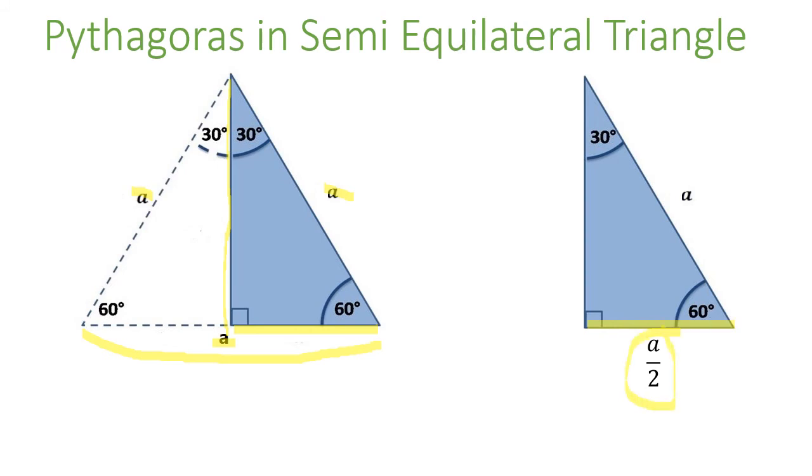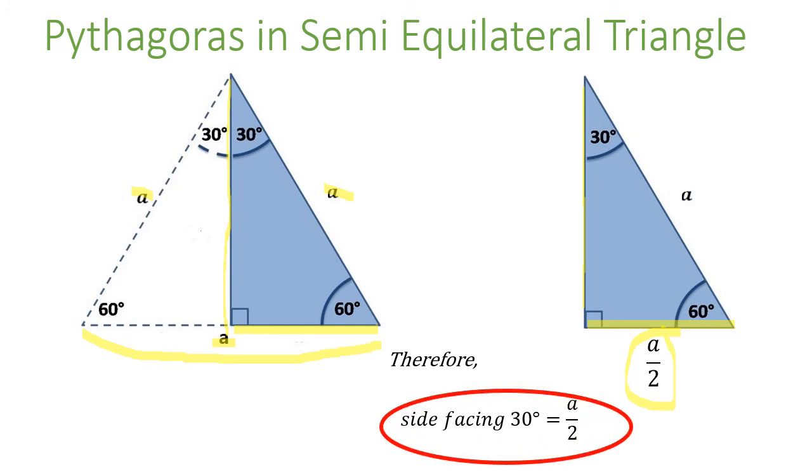So we know now two sides, then we can apply Pythagoras theorem in order to know the measure of the remaining side. So as a general rule, the side facing the 30-degree angle is equal to A over 2. Always we can use it without proving it. This is the 30-degree, the small angle.